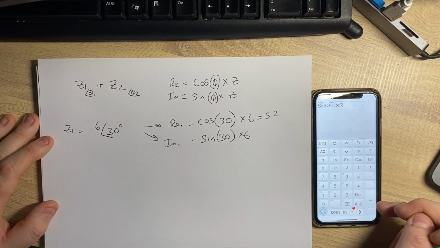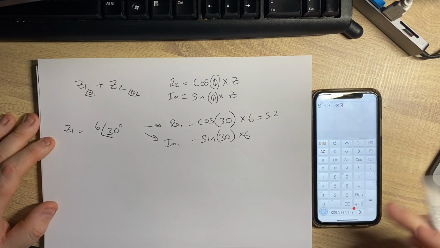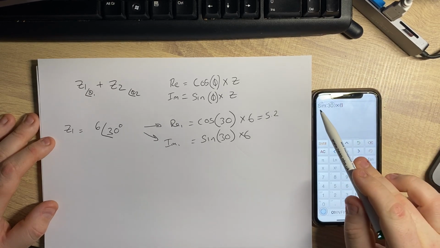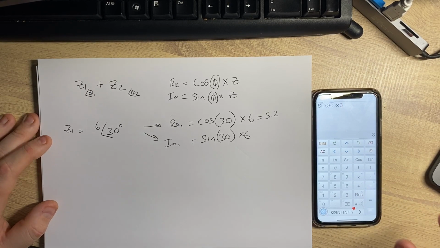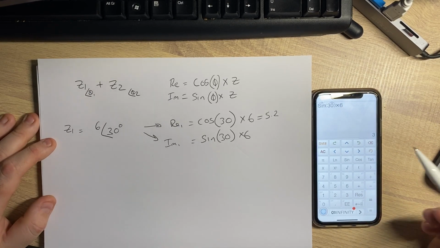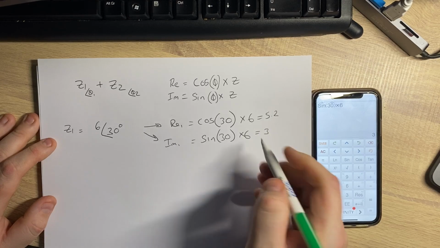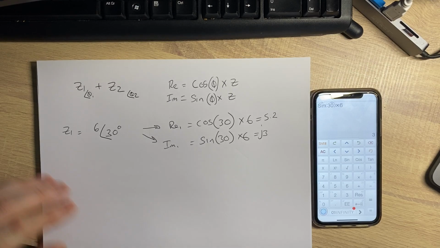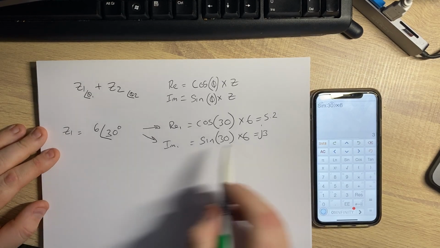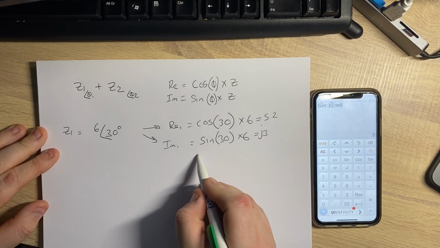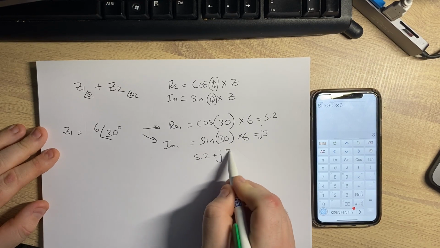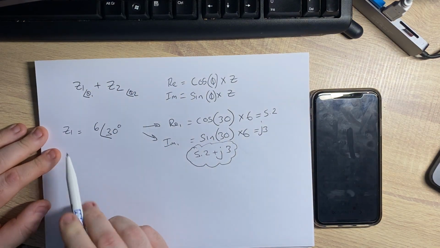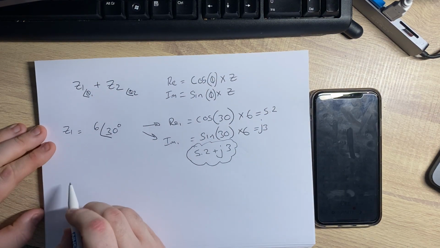Now remember, if you're using a Casio calculator with this, you can just tab backwards and change that cosine for sine, saves you typing it in both times. Unfortunately, I left my calculator on my desk at work, so I'm having to use this app, and that comes out at 3. Remember, that's going to be a J3, isn't it? Because that's imaginary. So we now know that Z1 is 5.2 plus J3. Okay, that's our Z1. We do exactly the same thing for Z2.